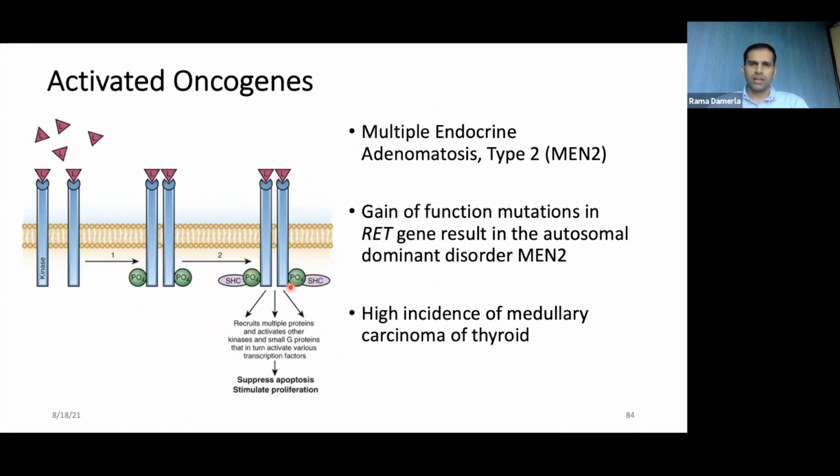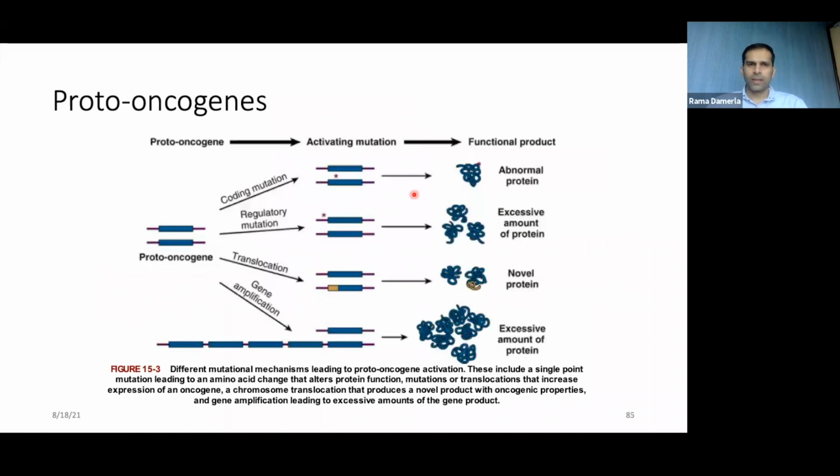These are all examples of activated oncogenes. The gain of function mutations in the RET gene result in an autosomal dominant disorder called MEN2, or multiple endocrine neoplasia type 2, where these patients have a high incidence of medullary carcinoma of the thyroid.